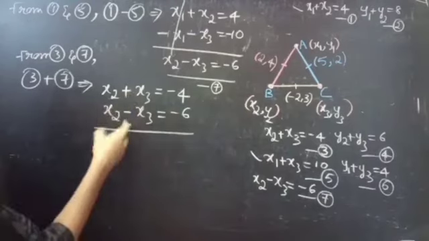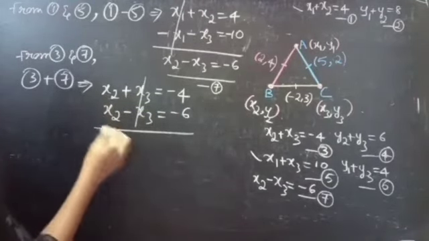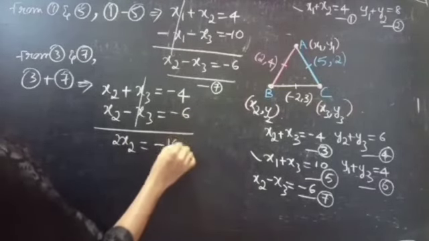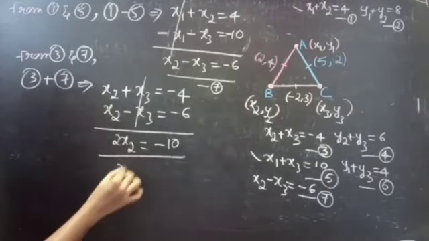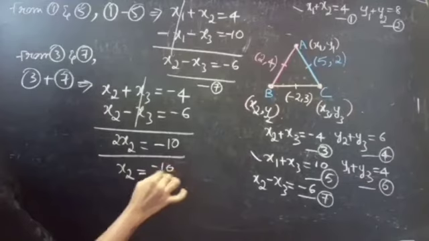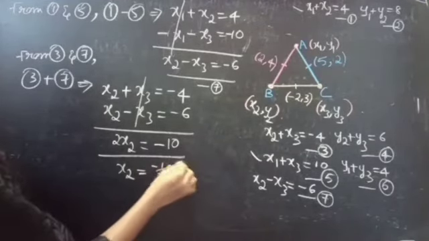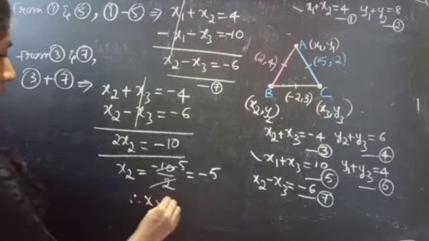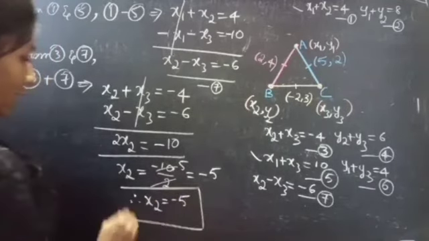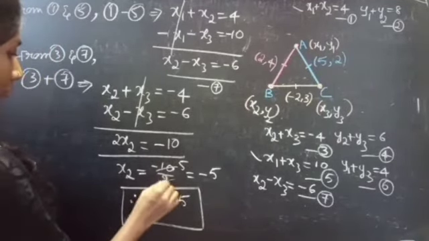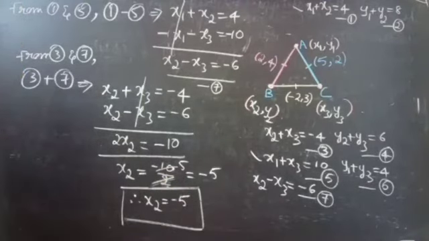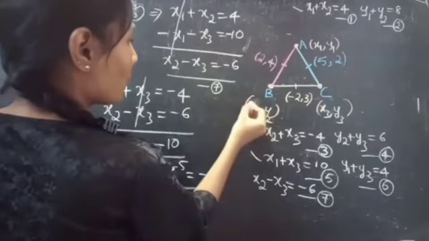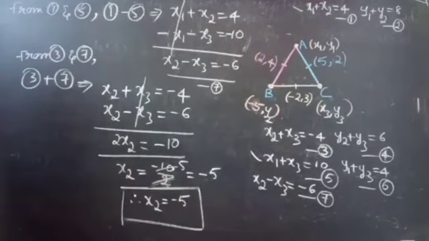Plus x3 and minus x3 get cancelled. x2 plus x2 is 2x2, which equals minus 4 minus 6, which is minus 10. So x2 equals minus 10 by 2, which is minus 5. Therefore x2 equals minus 5.